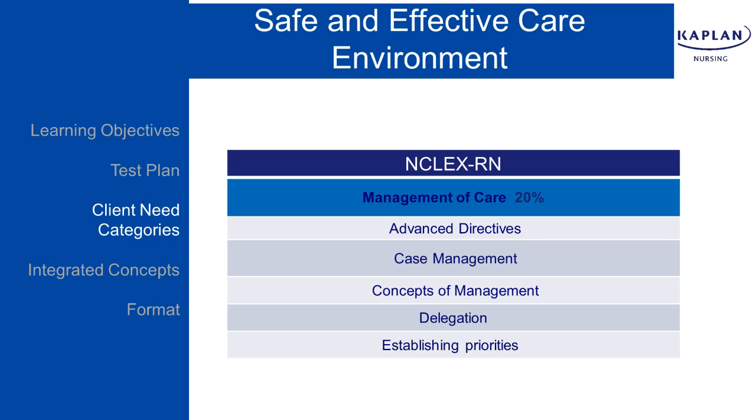Some of the topics included in management of care include advance directives, case management, concepts of management, delegation, and establishing priorities. So all of the "who do you see first" questions, or "which action is most appropriate for the nurse to take," would be considered management of care questions.